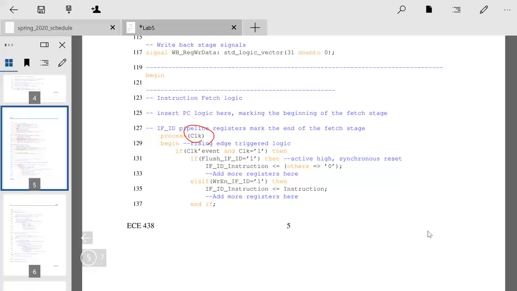And so sequential logic like this, edge-triggered logic, is only triggered on the clock. If it's an asynchronous reset, you can have the clock and the reset here, but I don't have you worry about that for the pipeline registers.